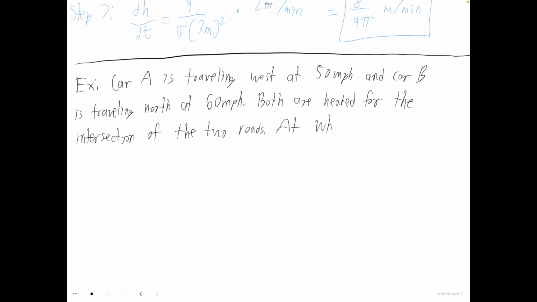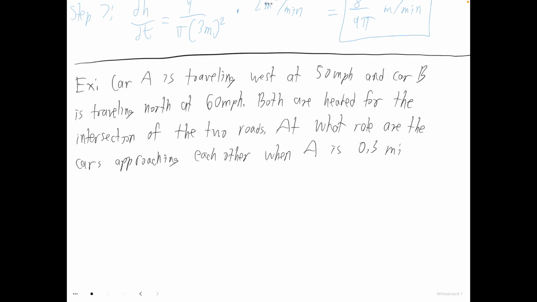At what rate are the cars approaching each other when A is 0.3 miles and B is 0.4 miles from the intersection?